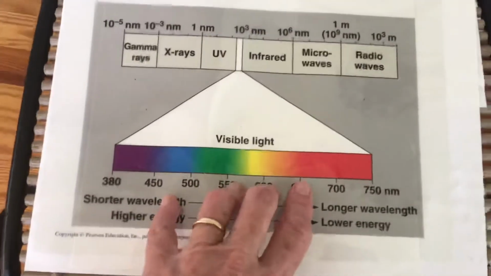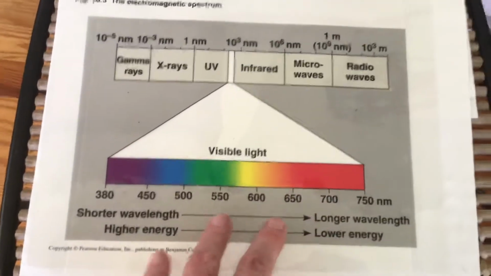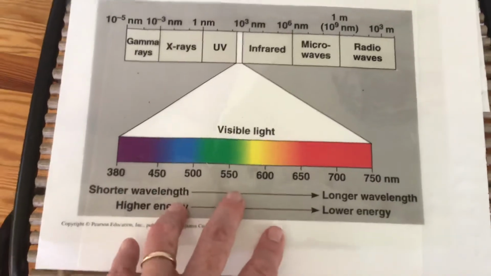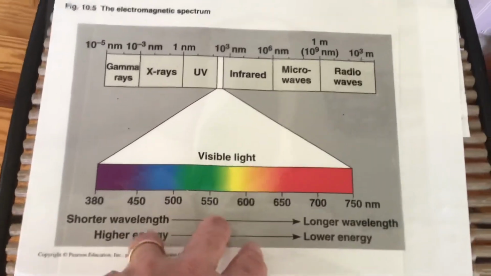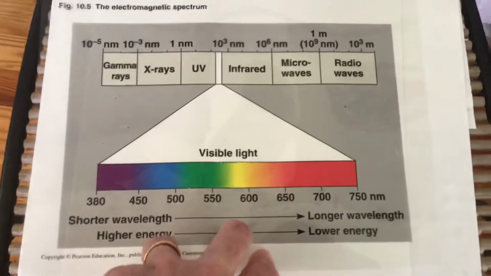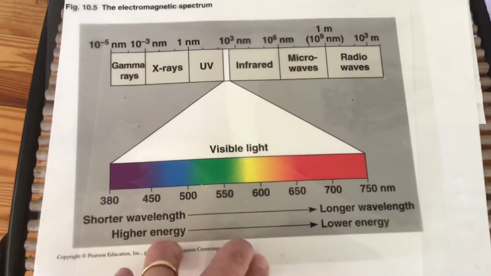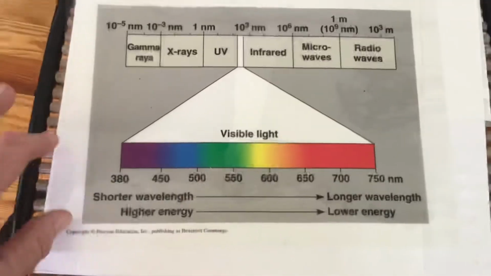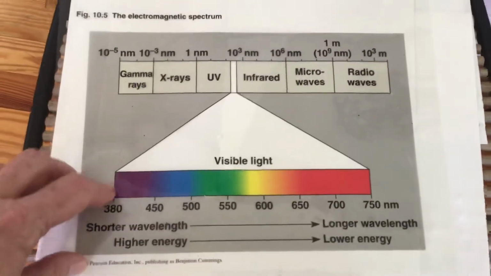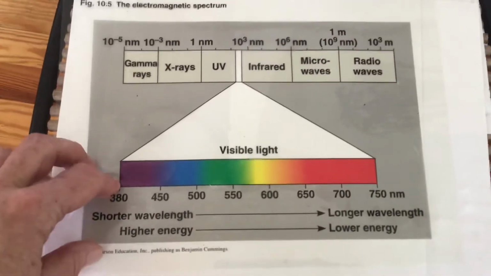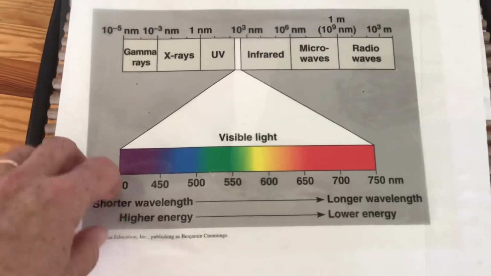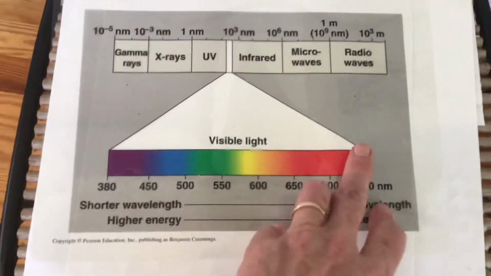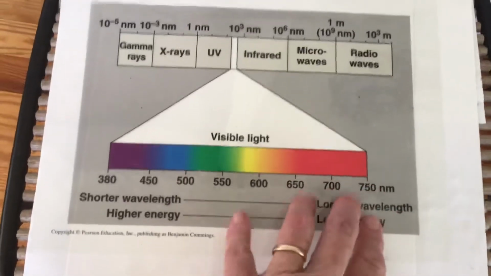Now the visible light, you probably know, can be divided into the rainbow colors. That's why a rainbow exists, right? Because water droplets in the air break the visible light into its components. The purple end is the shorter wavelength side, higher energy in essence, and the other end is the red side.